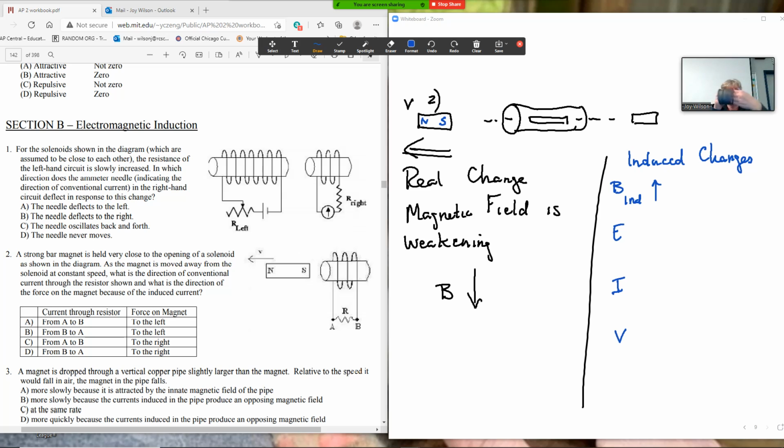So my magnet went through here and now comes out the other side. So what am I seeing? I'm seeing a weakening magnetic field. So my induced is going to make a magnet that was not there before. I'm going to now have a magnet, and it's going to be north to south, just like that one, so you can feel like there's a field still there.